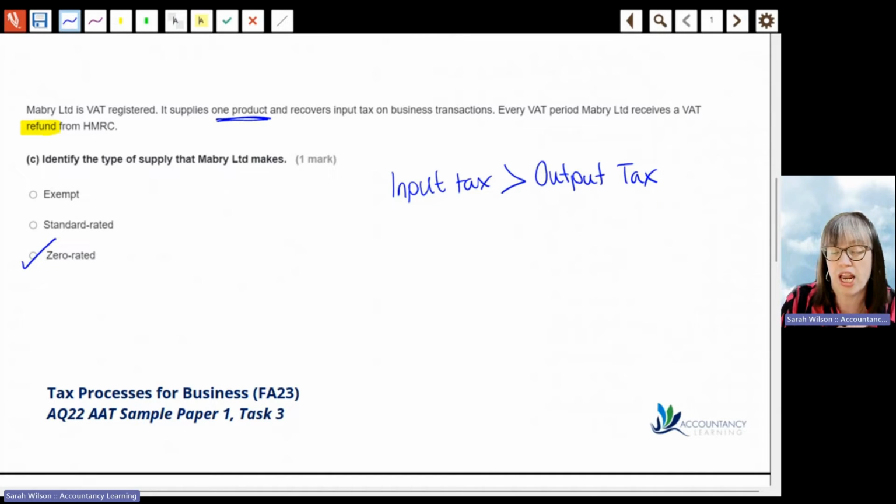So they don't collect any tax because it's 0 rated, but they can recover input tax on their business transactions. Now, if it was exempt supplies, you wouldn't be able to recover that input tax on your transactions. But because you're doing 0 rated supplies, you can.